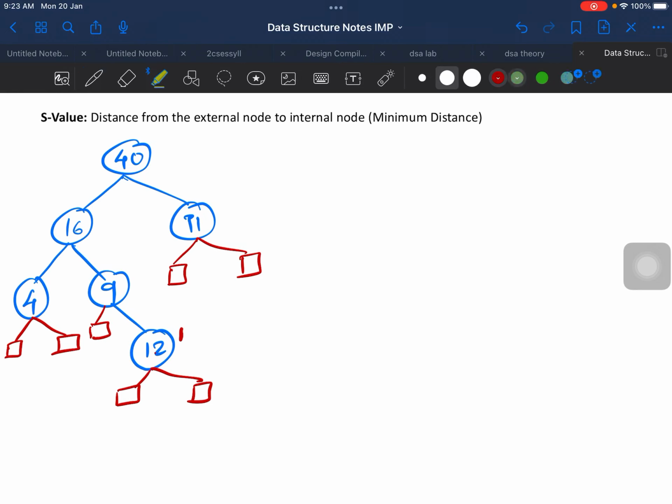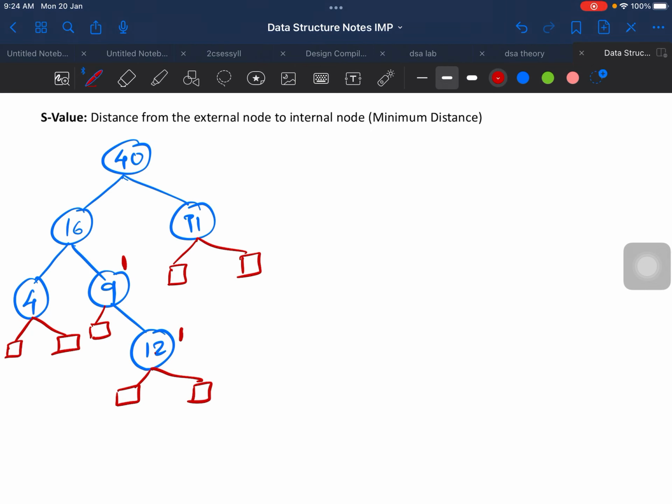Now take this 9. Here is 9, and the left child of this 9 is an external node. This is your external node. So the distance from 9 to the external node is again 1, so here we write 1.